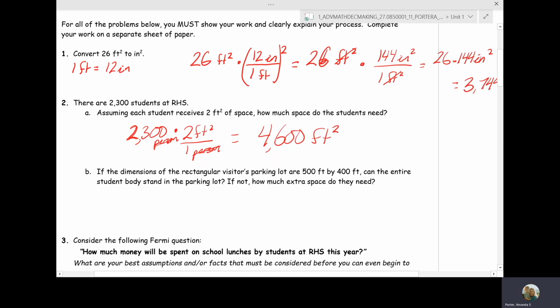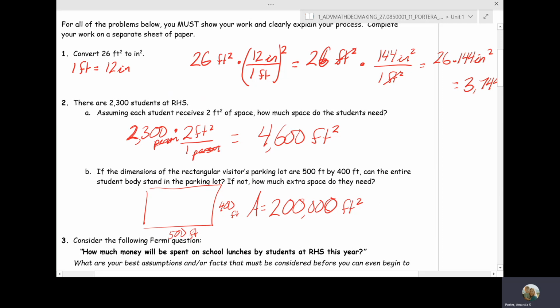If the dimensions of the rectangular visitor's parking lot are 500 by 400, can the entire student body stand in the parking lot? Okay, so what is that? That's 500 times 400, which has an area of 200,000, and it's feet by feet. So 200,000 square feet.